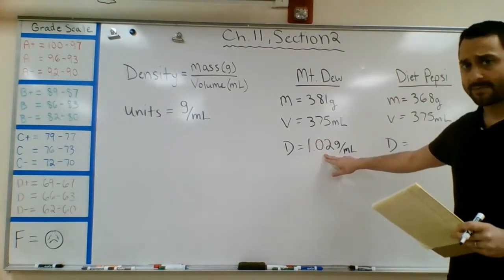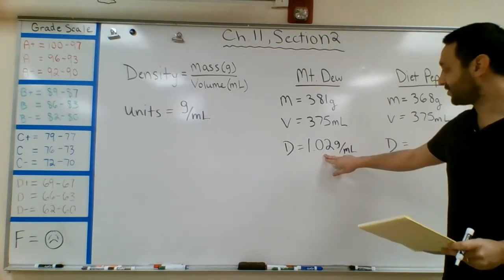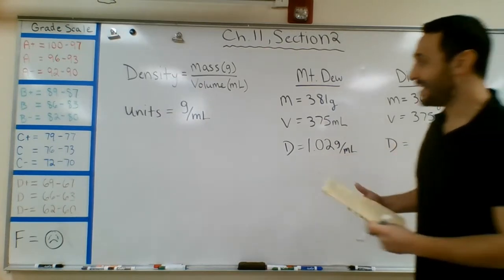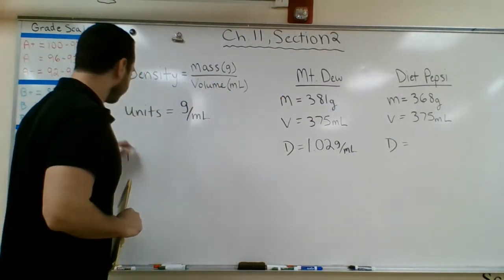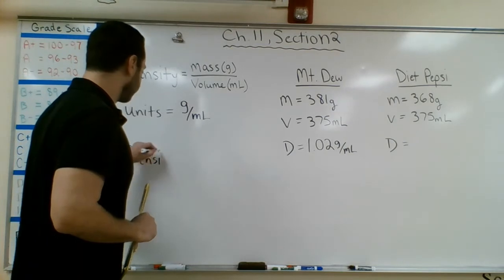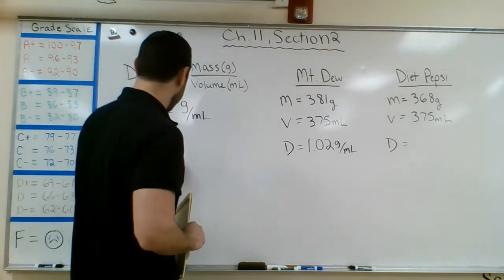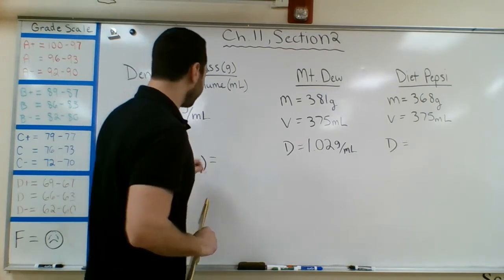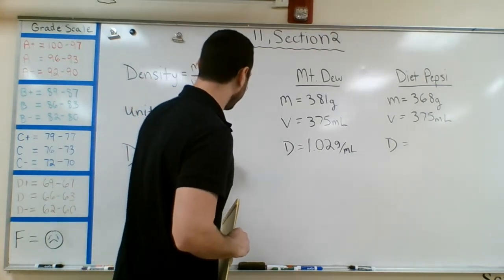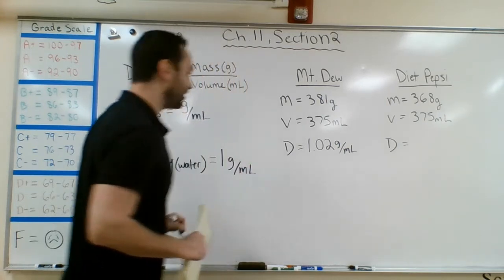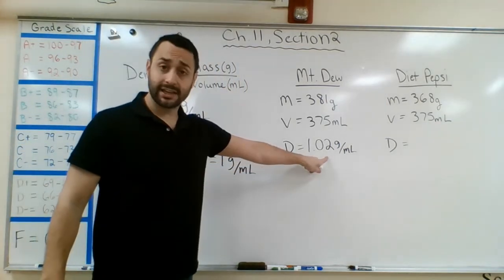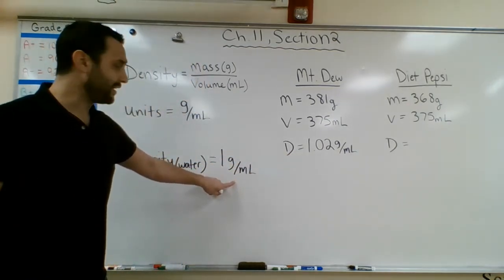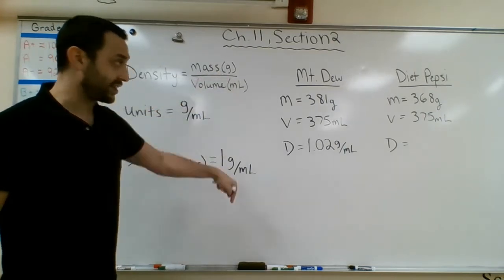So the density of my Mountain Dew can is 1.02 grams per milliliter. Remember we said that the density of water is 1 gram per milliliter. Since the can of Mountain Dew has a slightly higher density than the water it's floating in, it's not going to float at all, and it will sink right down to the bottom.